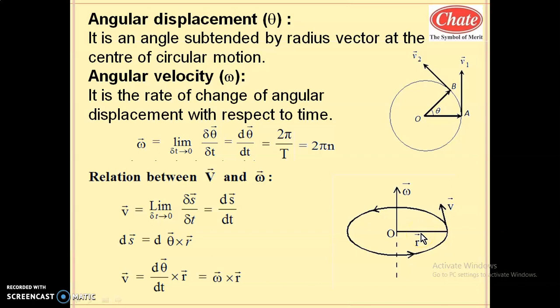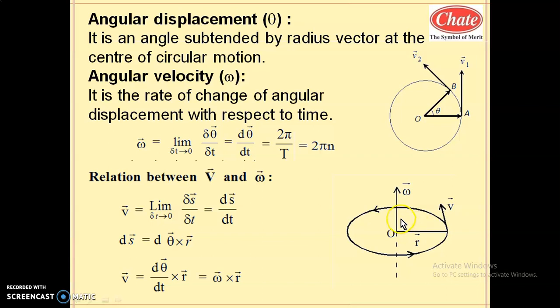You apply the right hand thumb rule for the cross product. Delta theta cross r gives the direction of displacement. As the direction of velocity is this, the direction of displacement is also this. So displacement is in the same direction as velocity.